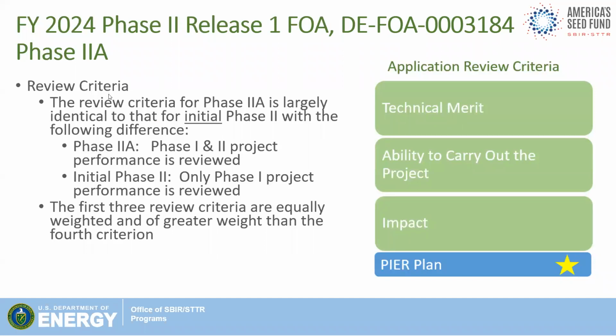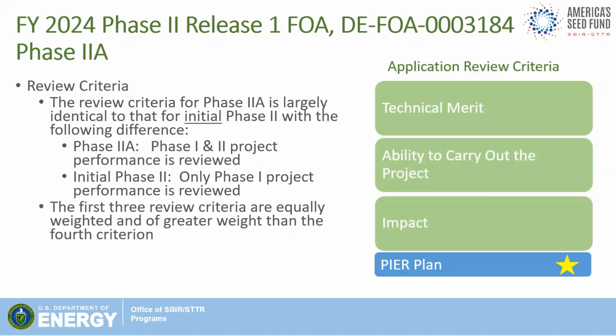Okay, so for phase 2, the review criteria for phase 2A is largely identical to that for an initial phase 2 with the following difference. In addition to submitting your phase 1 final report, which you did at the end of your phase 1 award, you do have to submit your phase 2 project interim report or your final report, depending on if you've finished your phase 2 award.